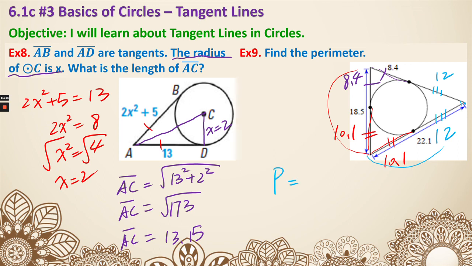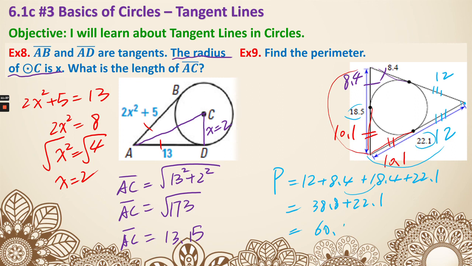The perimeter is going to be 12 plus 8.4 plus this side is 18.5. This other side is 22.1. And that is going to give us, that's 26.8, that's 38.8 plus 22.1. Final answer should be 60.9. And that is example 9.